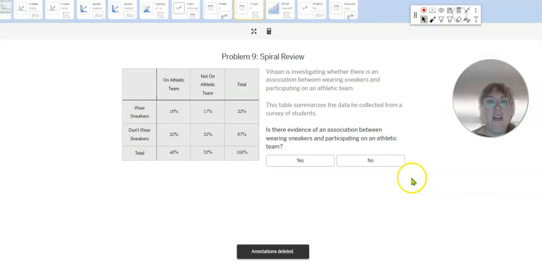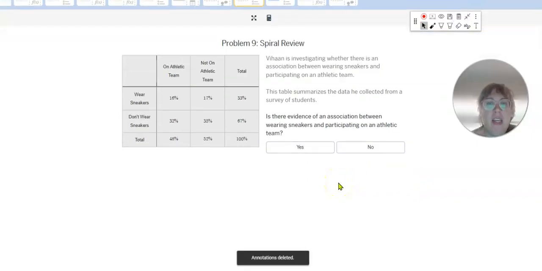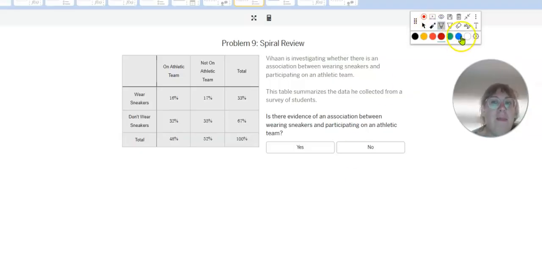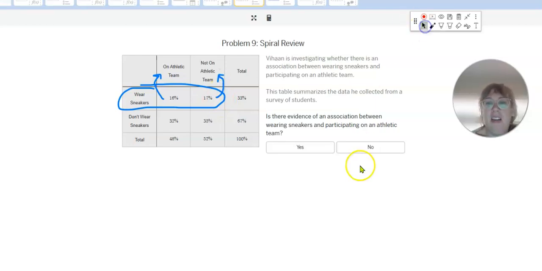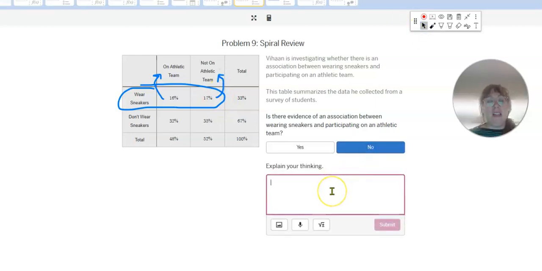Next slide. Vihan is investigating whether there's this association. Is there evidence of an association between wearing sneakers and participating on an athletic team? If we're looking at wearing sneakers, notice that 16% are on an athletic team, 17% are not. So it's not that different.